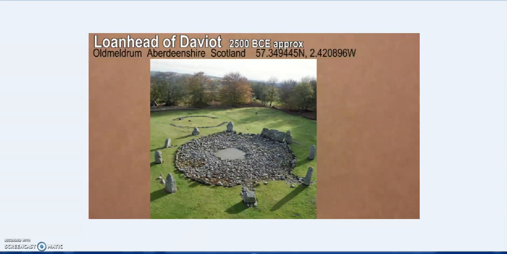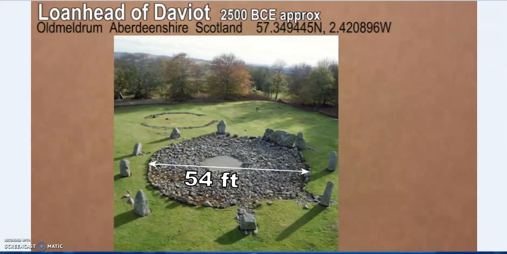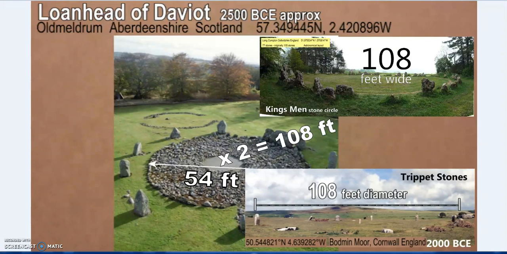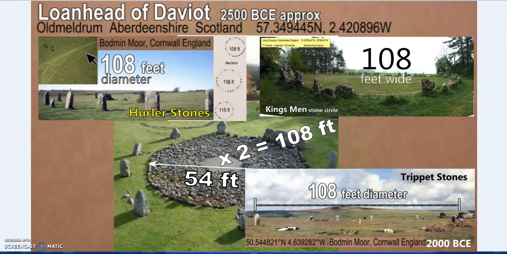But what's important is that the diameter is 54 feet, and that times 2 is 108, and you see this as a standard across the ancient and the modern world.